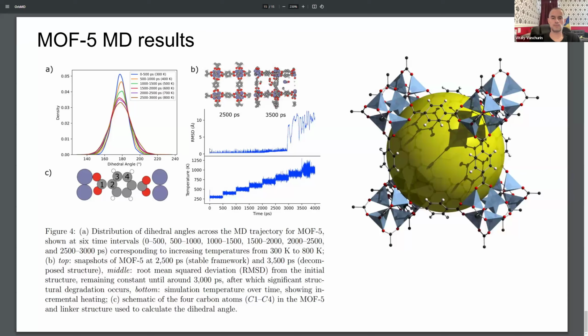Oh, okay. So from the initial structure, the system has some initial geometry, and then you observe how with more and more temperature the crystal structure breaks, and in a reasonable range of temperatures the structure remains more or less stable, and then the crystal falls apart.